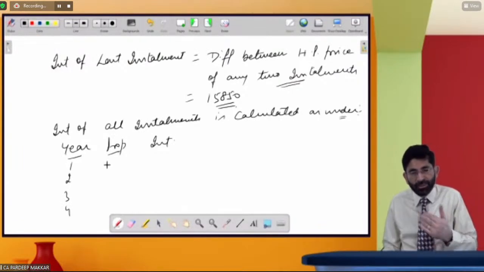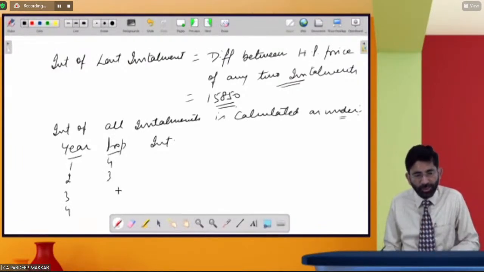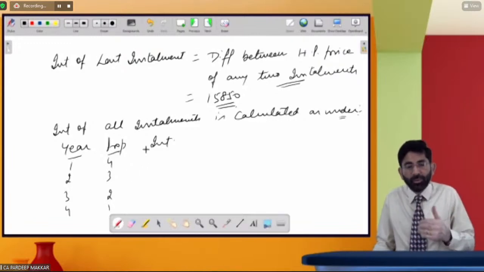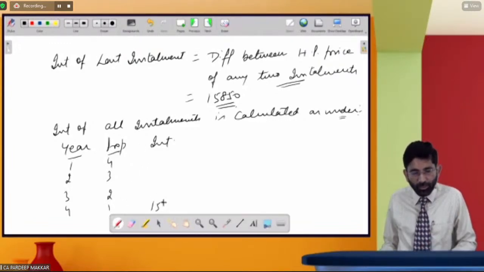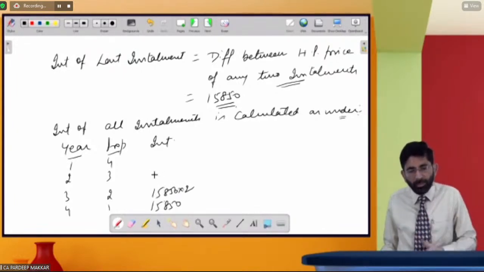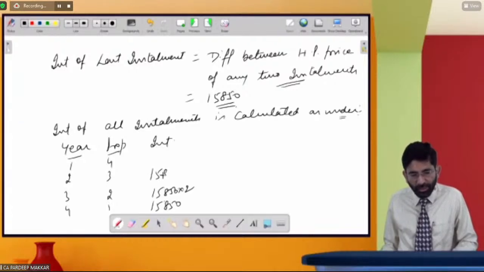Proportion will be reverse. You have to write here 4, 3, 2, and 1. Why? We have to calculate the interest, and whatever is the interest of the last year, the interest of the previous year will be double that. So it will be 15,850 into 2. And one more previous year is 15,850 into 3. And further, it will be 15,850 into 4. So this is the way we are calculating interest in this case.